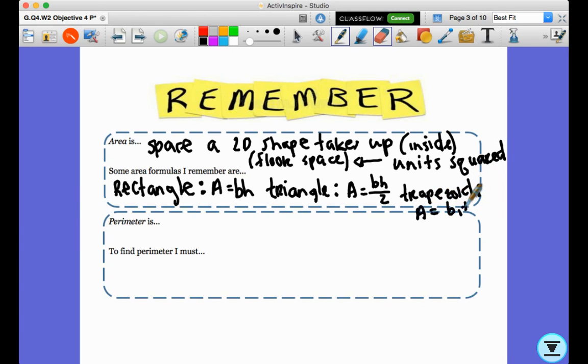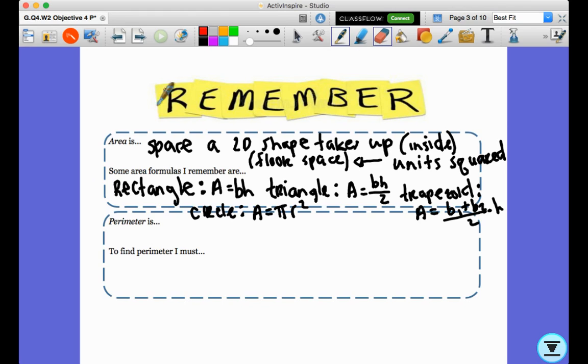Area is base 1 plus base 2, divided by 2, times height. A trapezoid had 2 bases, so you were averaging the 2 bases and then multiplying by the height, which was the distance between those 2 bases. What about a circle? Area was pi r squared. You do have a formula sheet, so you don't have to have these formulas memorized. You just need to know how to use them.